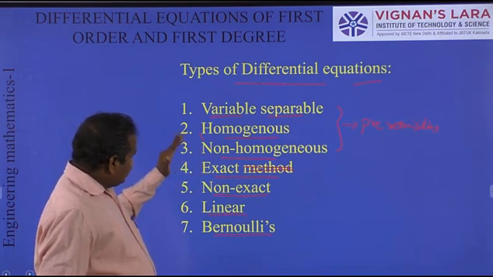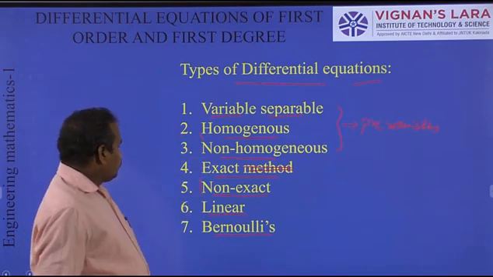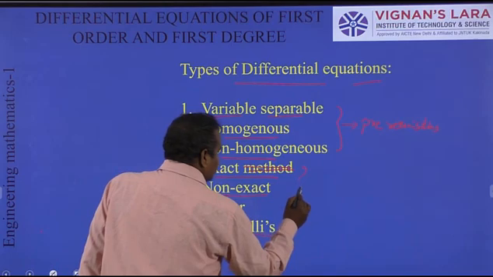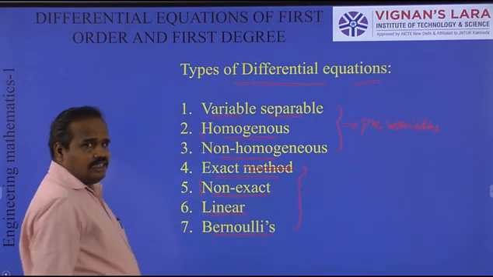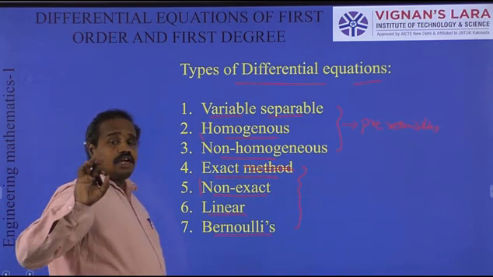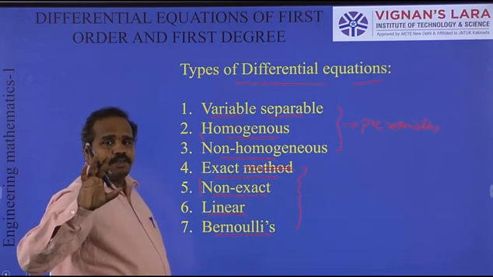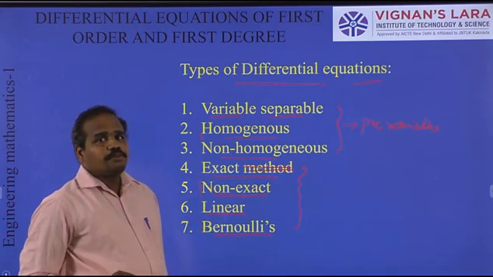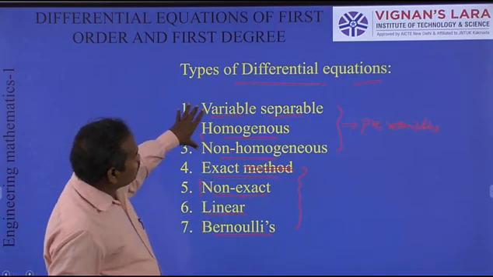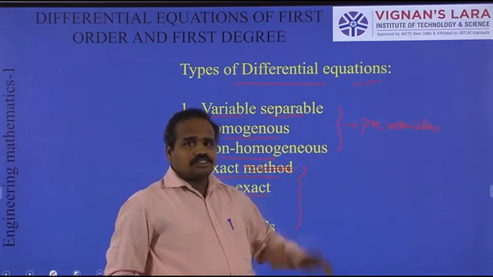Now in this unit, we are learning about exact equations, non-exact equations, linear equations, and Bernoulli equations. Our public papers and university papers consist only of problems from these 4 methods. So these 3 methods are only prerequisites for you.